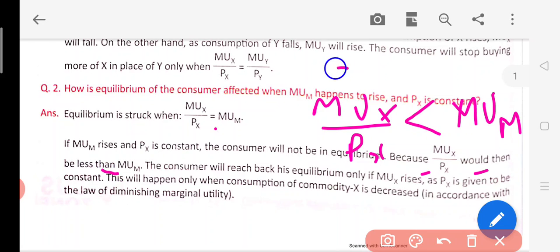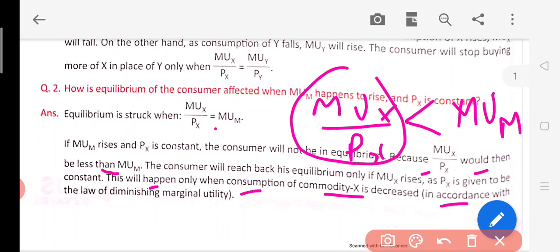So this will happen only when consumption of commodity X is decreased in accordance with the law of diminishing marginal utility. So when will this happen? When the consumption of X commodity is decreased.